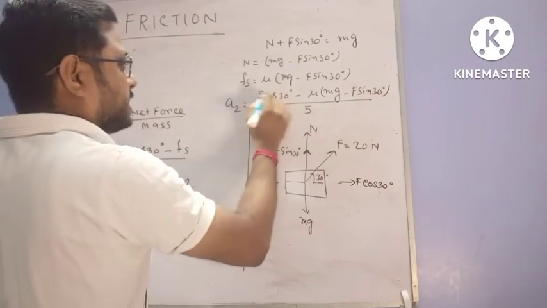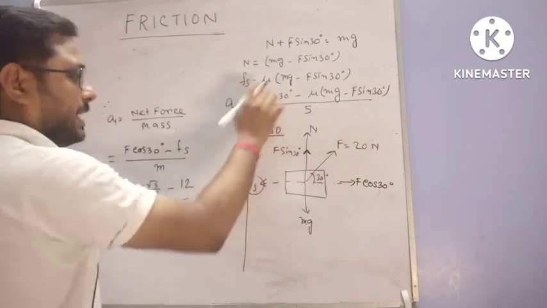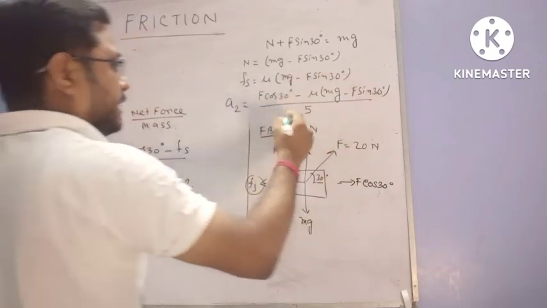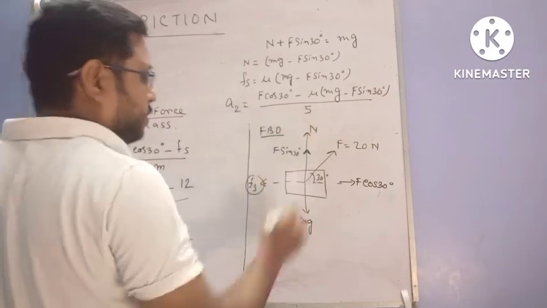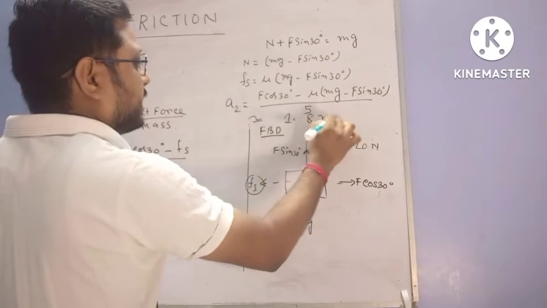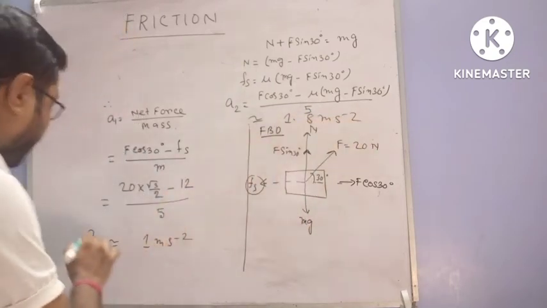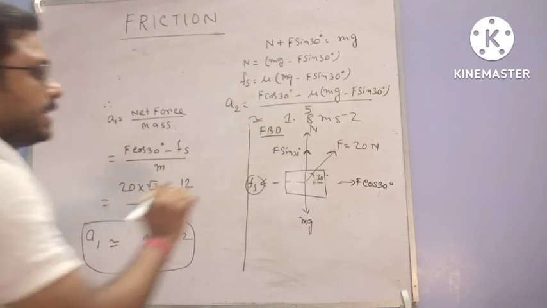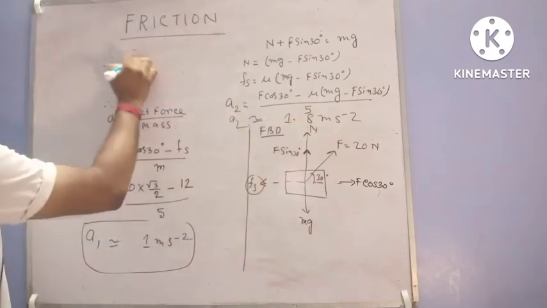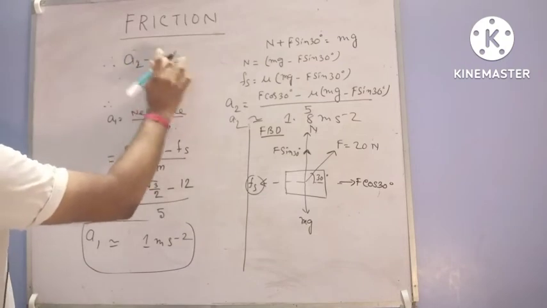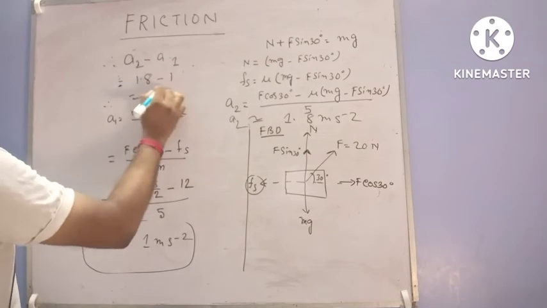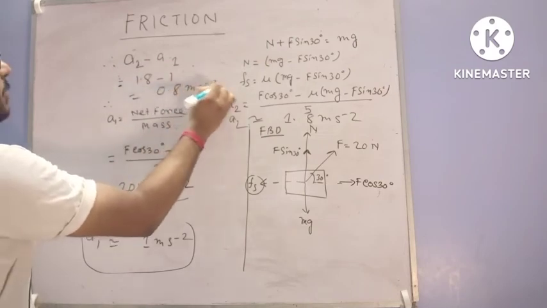If we consider F as 20 Newton and put in the values, we get approximately A2 equal to 1.8 meter per second squared. Therefore, A1 is 1 meter per second squared and A2 is 1.8 meter per second squared. What is the difference? A1 minus A2 or A2 minus A1? Because A2 is greater than A1, it is 1.8 minus 1, approximately 0.8 meter per second squared, which is the answer.